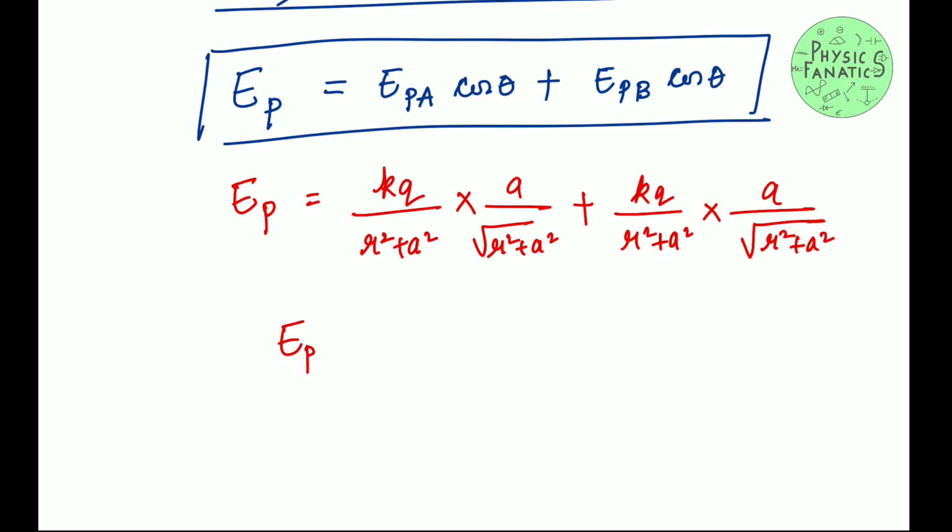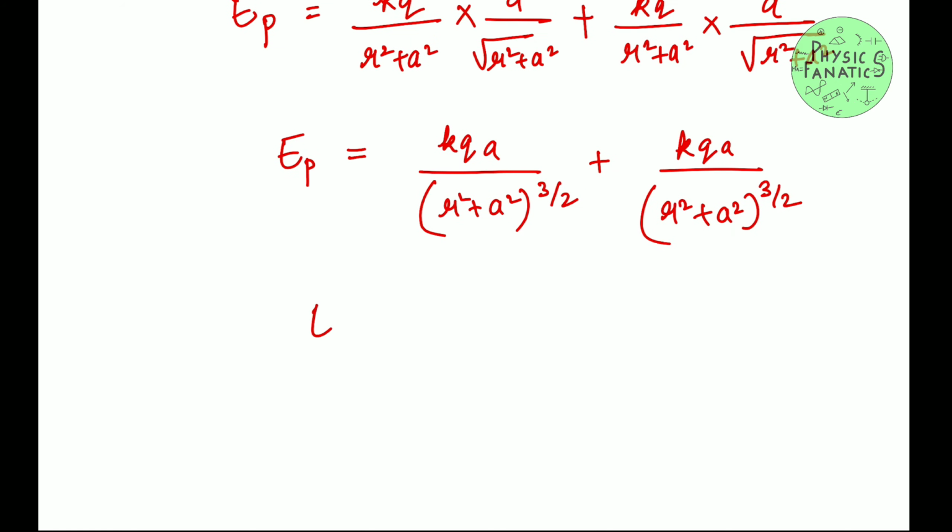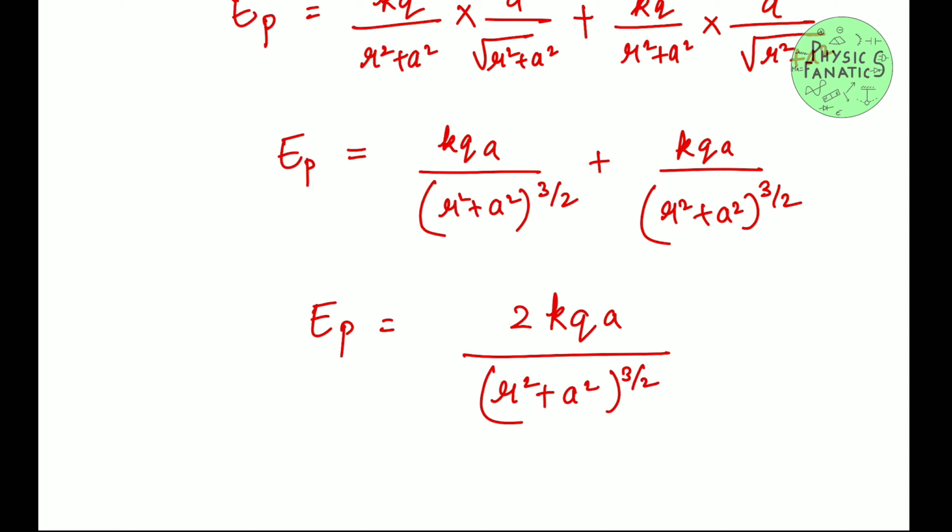E_P will simply be, with R square plus A square to the power 3 by 2, KQA plus KQA upon R square plus A square power 3 by 2. So the final value is E_P equals twice KQA upon R square plus A square to the power 3 by 2.